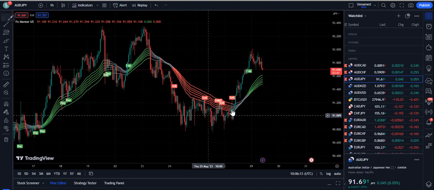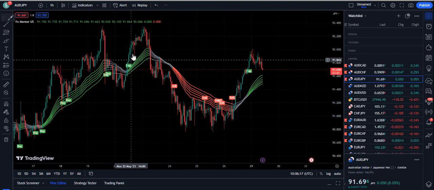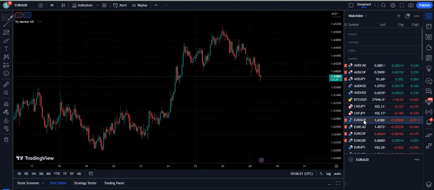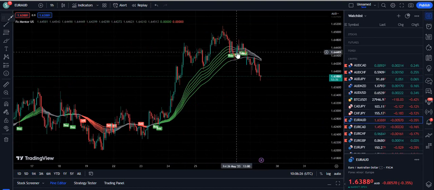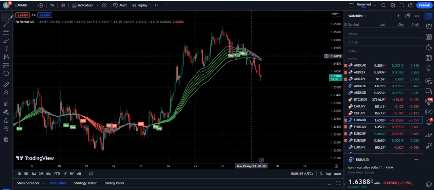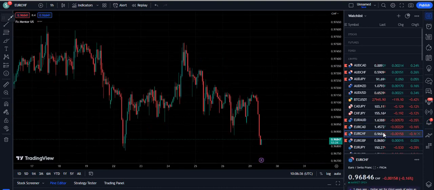However, you can see it has given a lot of chances, and whenever the market comes to retest the moving average, these bands, you can still enter into the buy and sell signals. Right now, as you can see on Euro AUD, we have a rejection, but the bands are gray, so we are not going to trade those signals from the gray bands because they will not be good for us. This is the sign of a trend reversal.